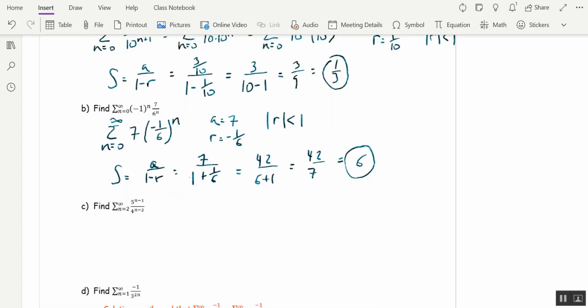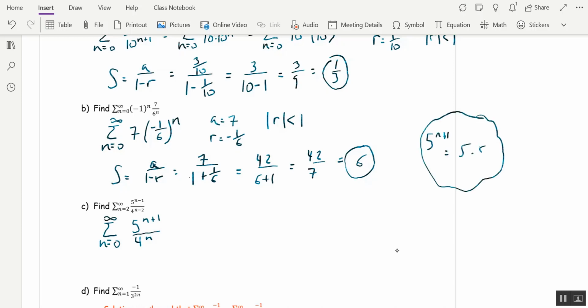Okay, next one. Now, this starts at 2, so I need to subtract 2 downstairs. And everywhere in the formula, I'm going to add 2. So I'll get 5 to the n plus 1 over 4. N plus 2 minus 2 is 4 to the n. All right, think of 5 to the n plus 1. Do my scrap paper over here. Is 5 times 5 to the n.